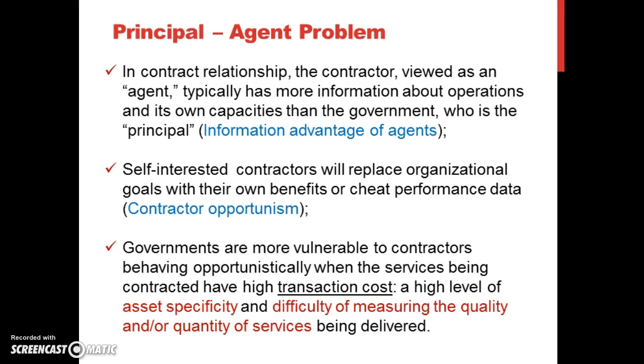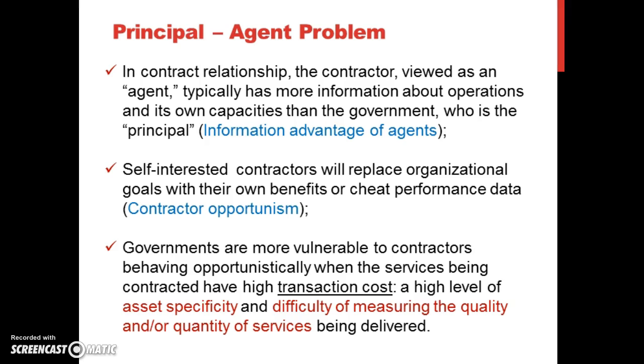Self-interested agents, contractors, will replace organizational goals with their own benefits, including being lazy. To be worse, they may cheat performance data to pretend to achieve the goals and gain benefits. Please note that this theory is based on the public choice assumption that all human behavior is based on self-interest.